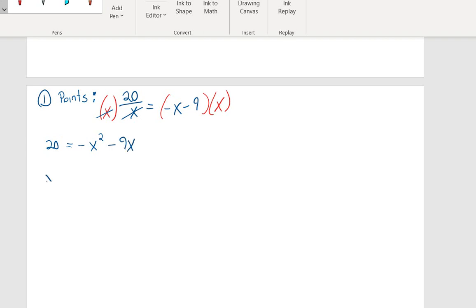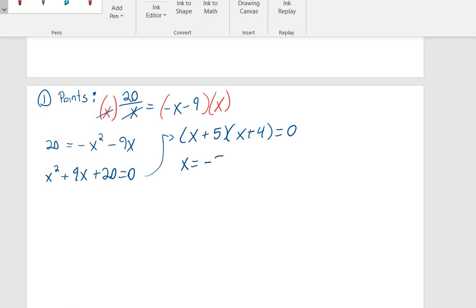I'm going to move everything over to one side, so I get x squared plus 9x plus 20 equals 0. That's going to factor into x plus 5 times x plus 4 equals 0. So I'm going to have points of intersection at -5 and -4, just like I thought.